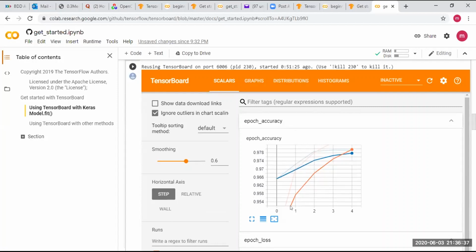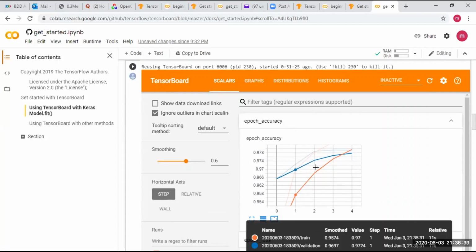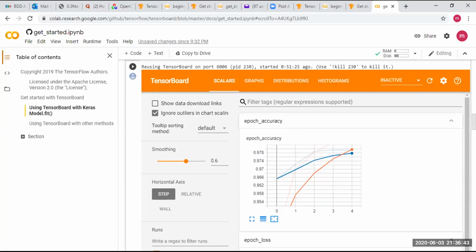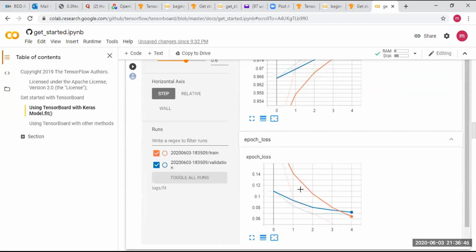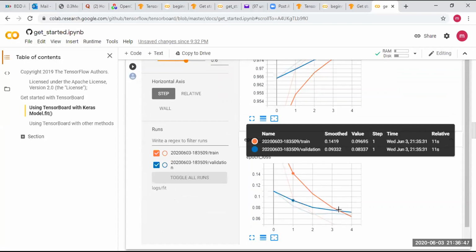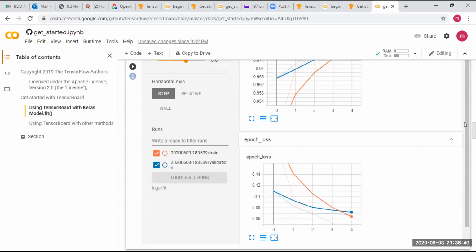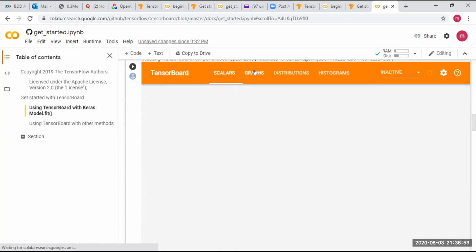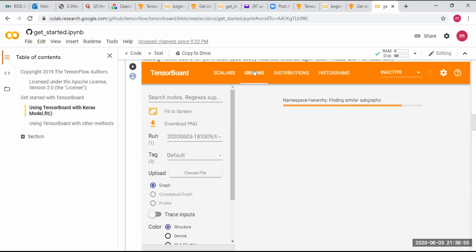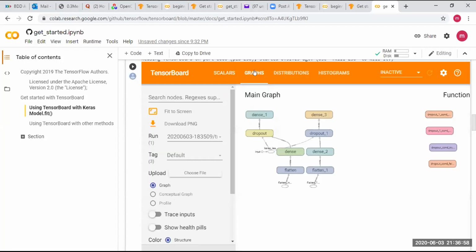So you're going, the accuracy is increasing. You also have the loss that should be decreasing, or else it is not a correct model. You have the values in here. You can read them from the graph. And you also have the graph of your own model. So you can check your model itself from a graph.